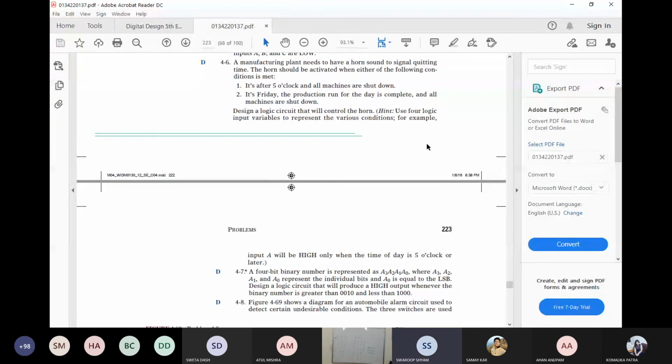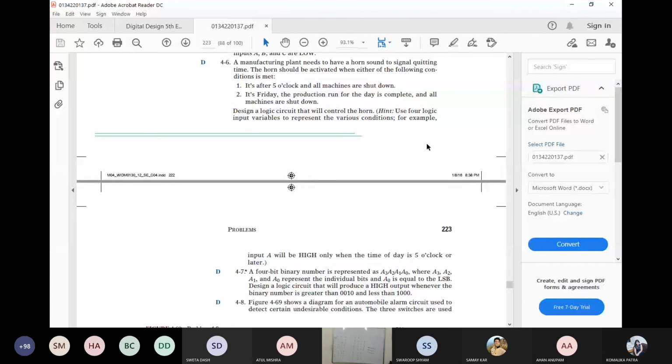A case might intersect when it's 5 o'clock and it's a Friday also. So that case might intersect. We should have some more thought process that is required because this is a little vague problem. It is 5 o'clock and Friday.